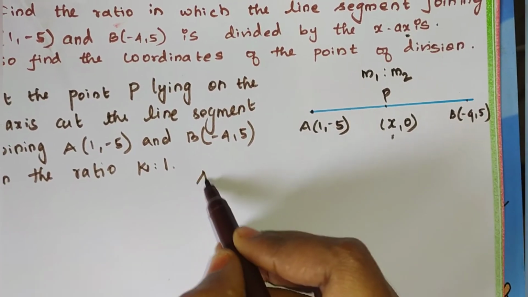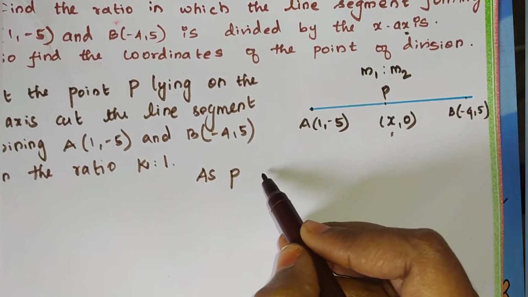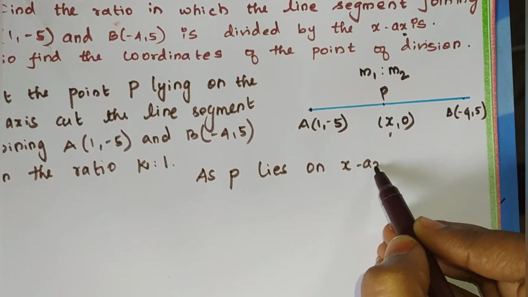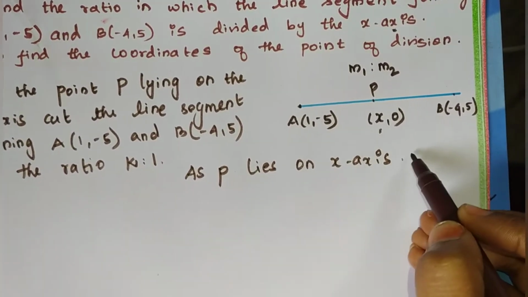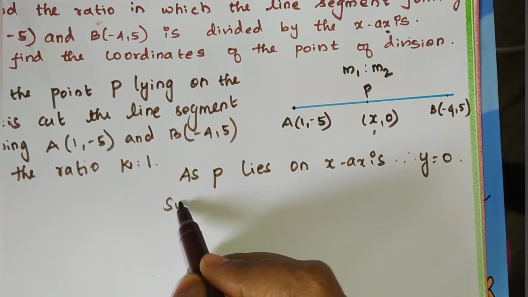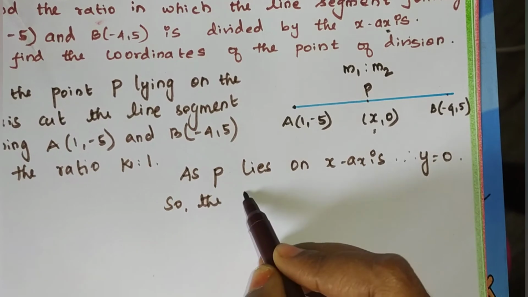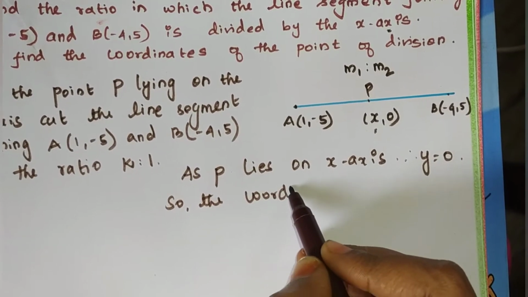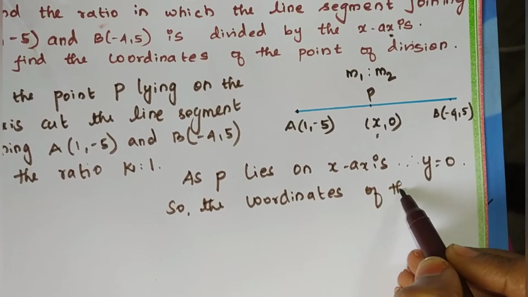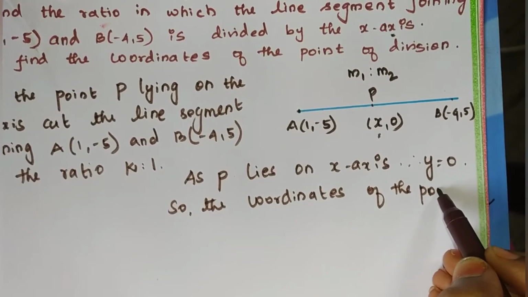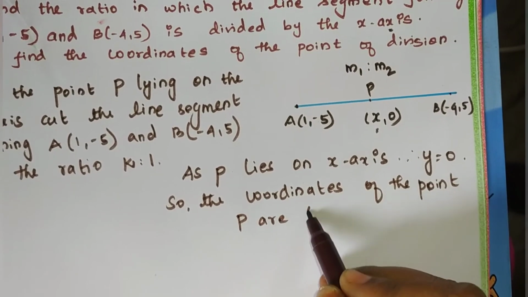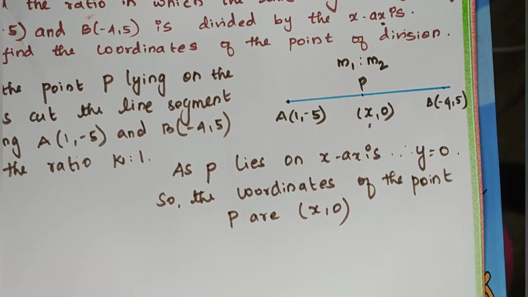As P lies on the x-axis, therefore y is equal to 0. So the coordinates of the point P are (x, 0).